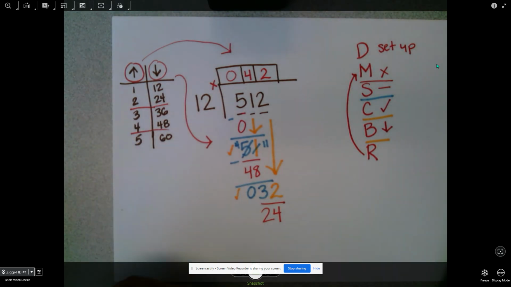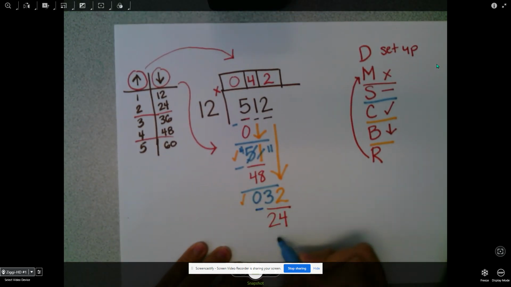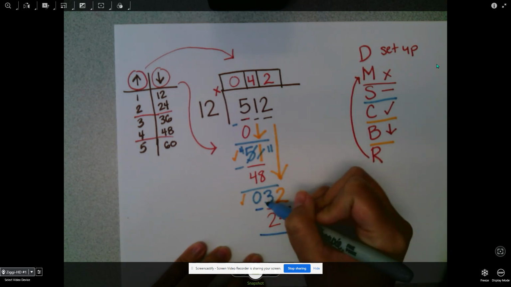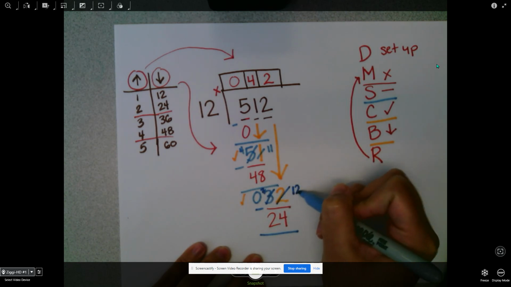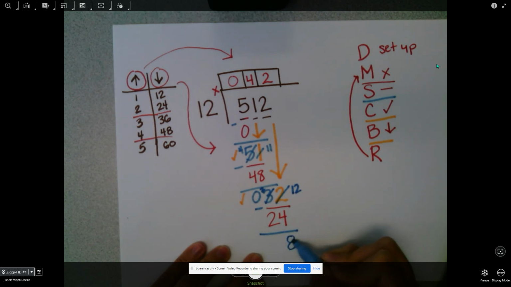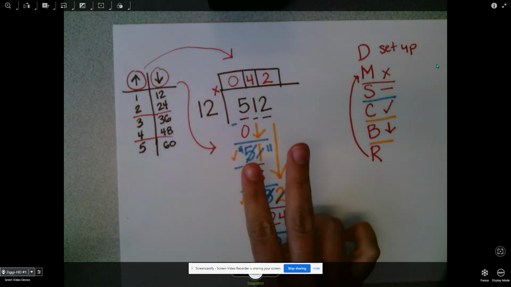So then I subtract, I go through all the steps again. 2 minus 4, I can't do that, so I regroup. This becomes a 2, and this becomes a 12. 12 minus 4 is 8. 2 minus 2 is 0. Okay, how do I know I'm done with my division? 2 ways.